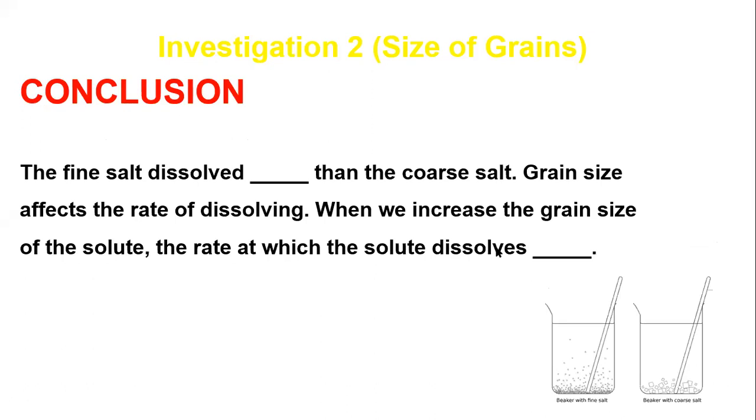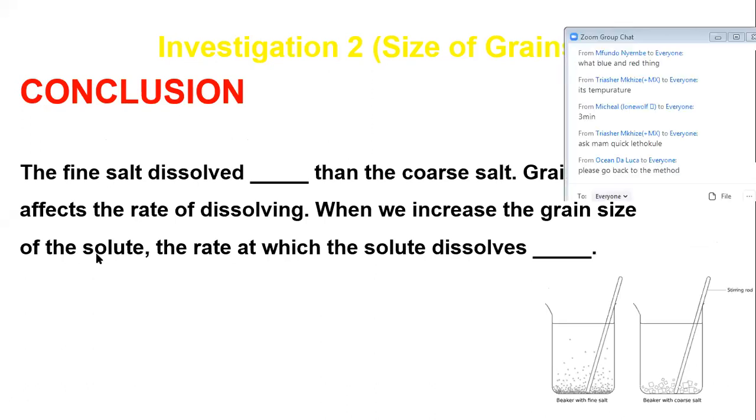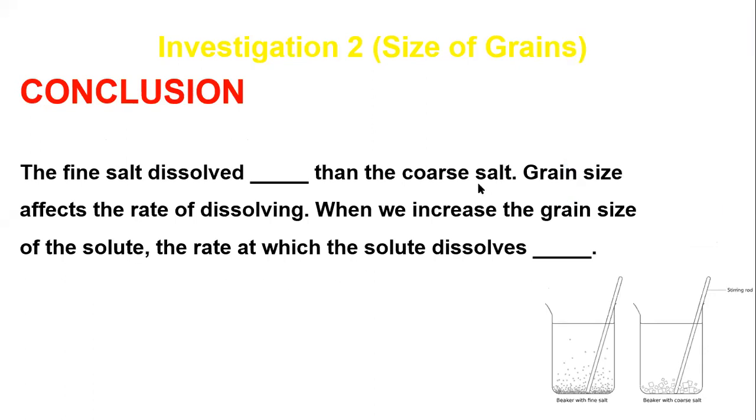Let's just go to the conclusion first. So our conclusion would be the fine salt dissolved quicker than the coarse salt, and the grain size affects the rate of dissolving. When we decrease the grain size of the solute, the rate at which it dissolves is faster.